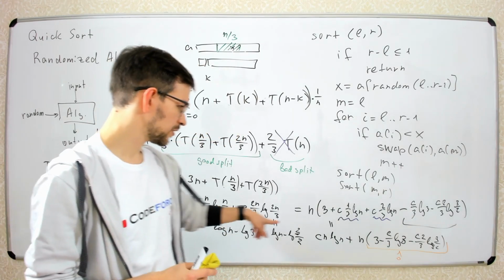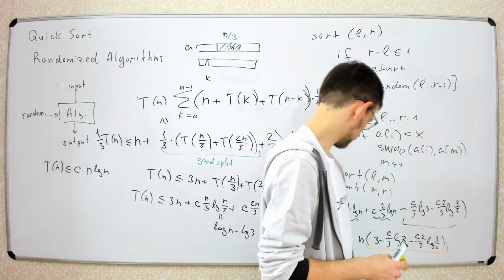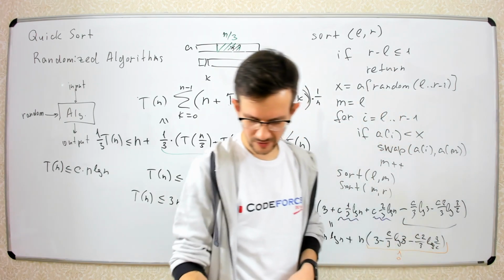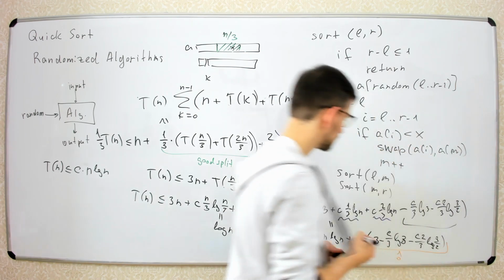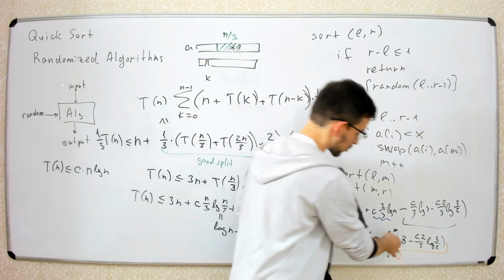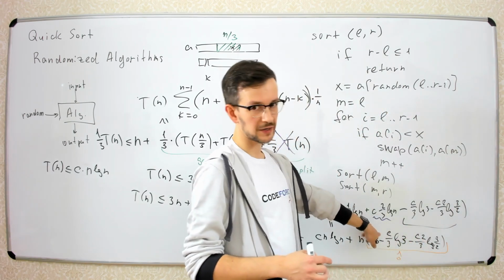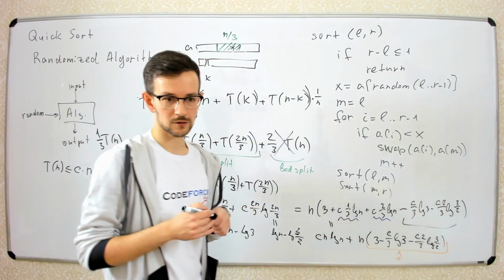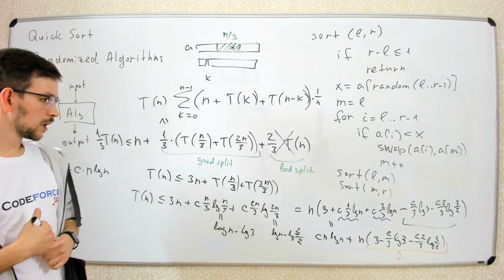No, it's 3. It's 2. And this is 2. My writing is not very good. It's not a big deal. So you have some constants here. If c is big enough, then this bracket is less than 0. Good.